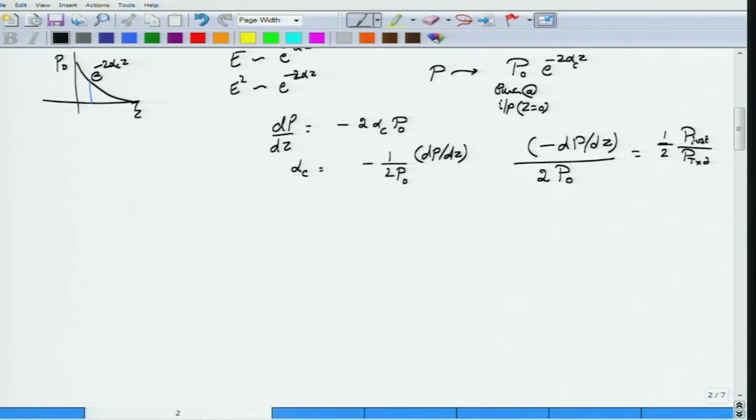Power loss is because of the skin depth of the waveguide, and for the skin depth power loss we already know that it has to be proportional to H square, because the transverse H is the one that relates to the surface current. So we calculate alpha c. To calculate alpha c I need to know the waveguide skin depth and how the power is being lost.